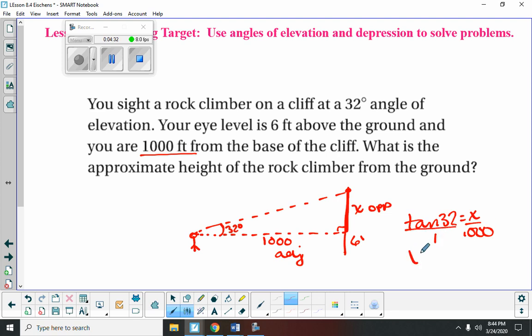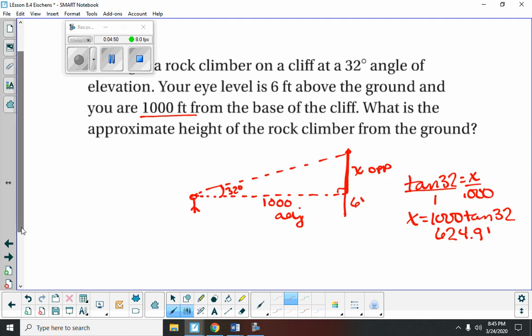So we'll write x equals 1,000 times the tangent of 32, which is 624.9 feet. And then you would add 6 to get your final answer. So plus 6, that would be 630.9 feet high.